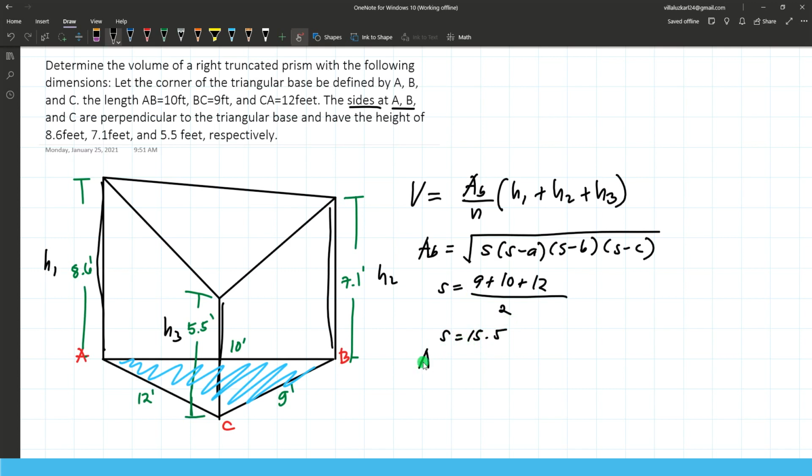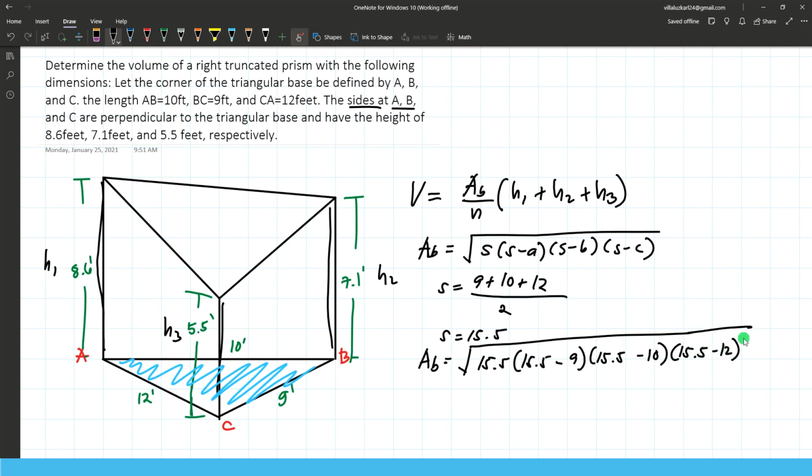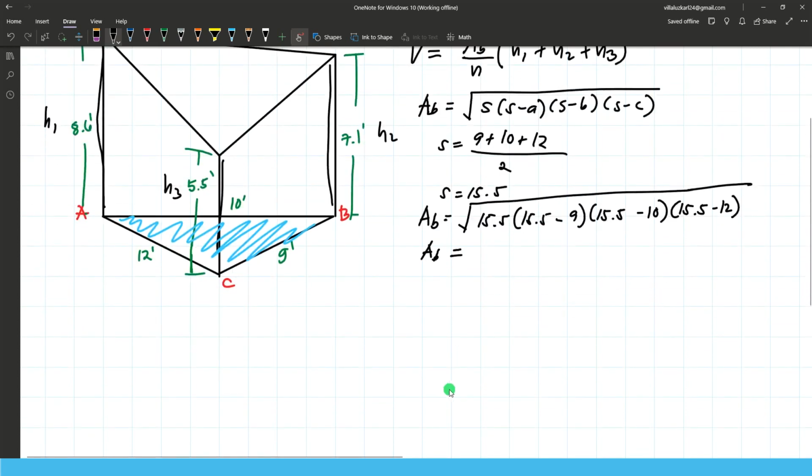Now substitute that here. The area of the base is equal to the square root of 15.5 times 15.5 minus 9, 15.5 minus 10, 15.5 minus 12. The area of the base is equal to 44.039 square feet.